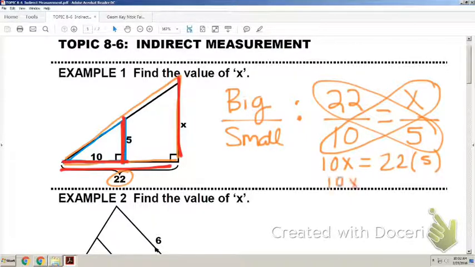So we have 10x equals, and 22 times 5 is 110. We divide both sides by 10, cancels here, so x equals 11. So that means that on our larger triangle, x equals 11.